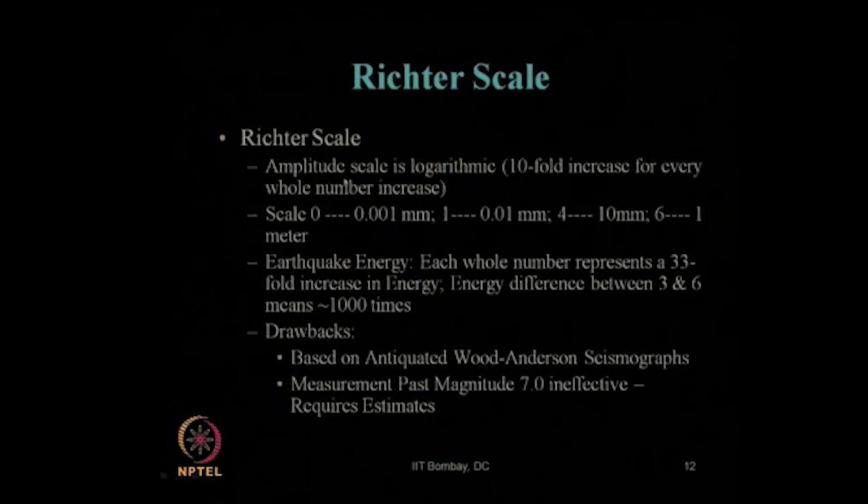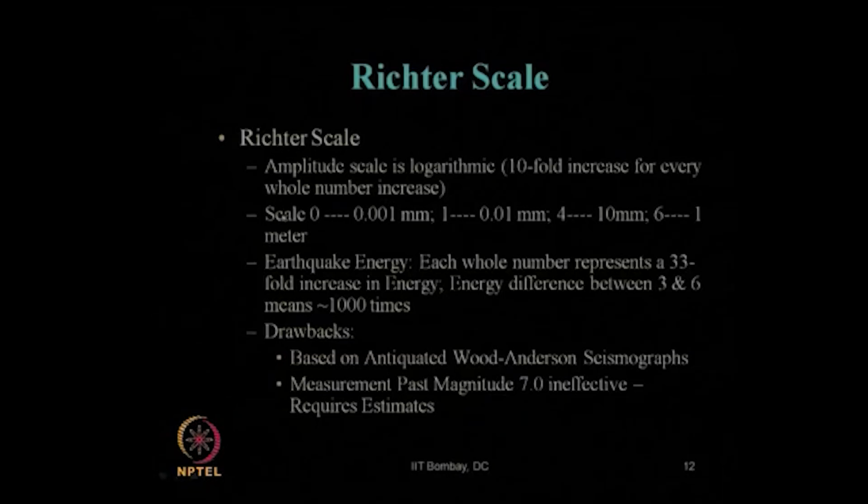It is the amplitude of the earthquake magnitude which is determined using a logarithmic scale, that is log to the base 10, and a 10-fold increase for every whole number increase, which is quite obvious. That means, Richter magnitude 3 to 4 means it is a 10 times increase, because it is in the logarithmic scale.